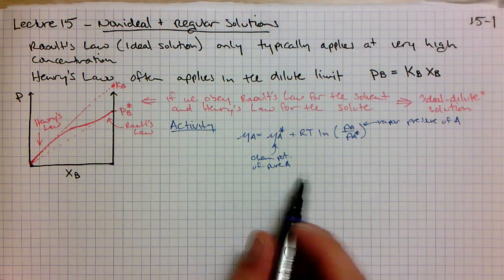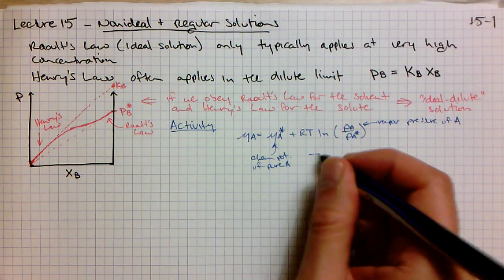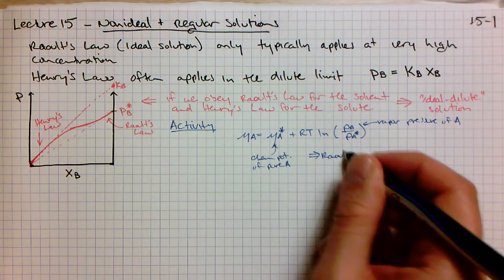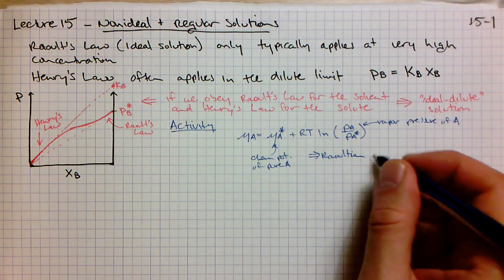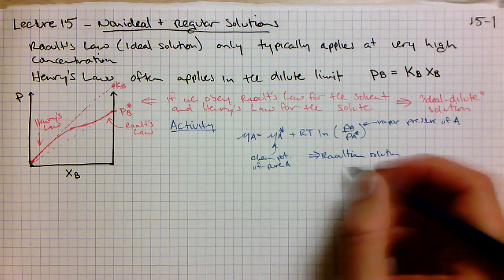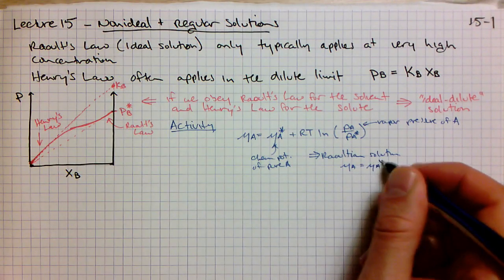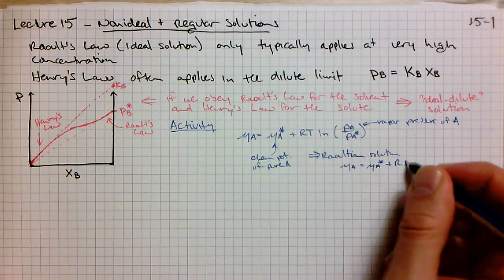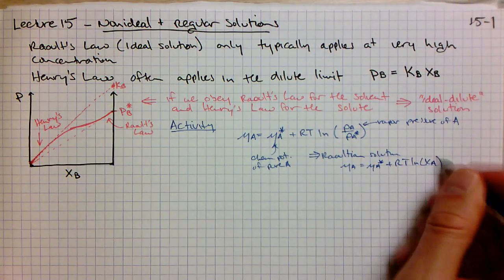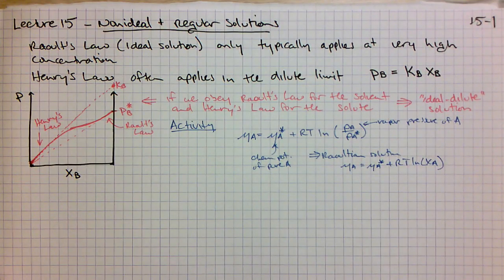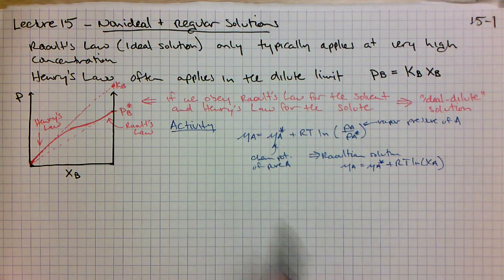And we know that for Raoult, if we have a Raoultian solution, this reduces to mu A is equal to mu A star plus RT natural log of XA. But in general, that's not the case.